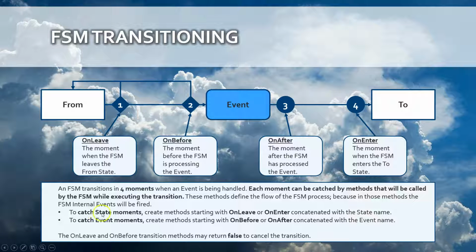So you can catch state transition moments by creating methods that start with the syntax onLeave or onEnter, concatenated with the state name. So in this example, onLeave from would be called when the transition would happen in moment 1. onEnter to would be called when the transition would be in moment 4.